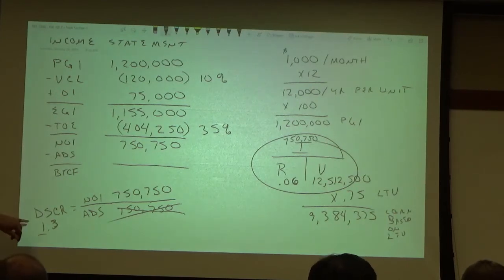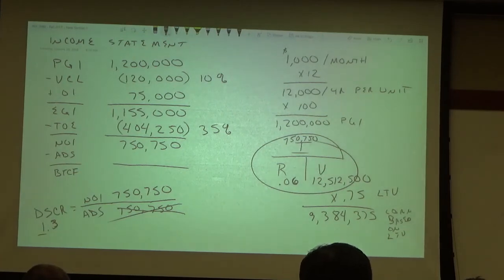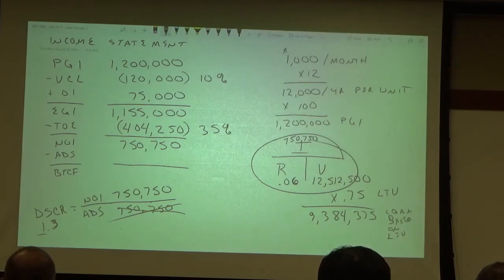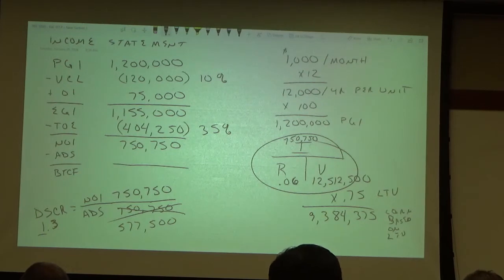All right. So what that means is if we take that 750 and divide it by 1.3, then we get a maximum annual debt service of $577,500. Okay?